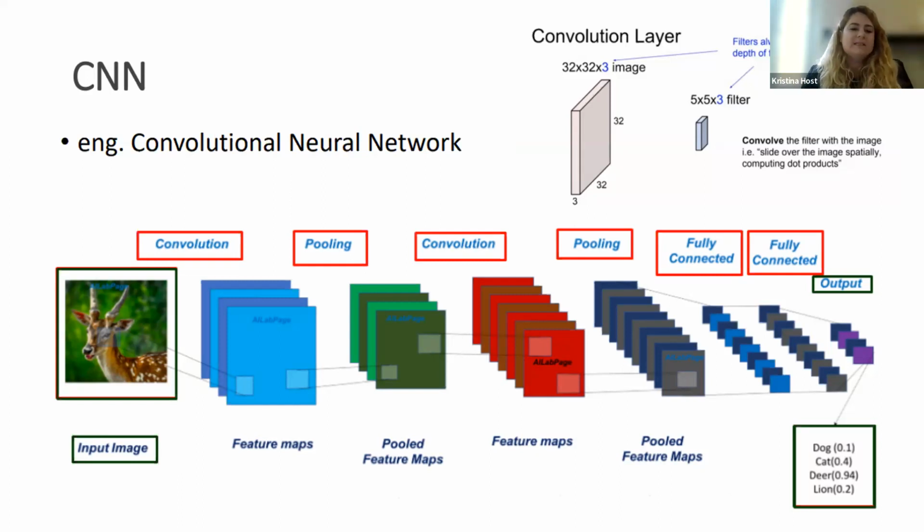And we have hidden layers that in a convolutional neural network consist of one or more convolutional layers, then some pooling layers, then again one or more convolutional layers, then pooling, and so on. These convolutional and pooling layers are used to extract features.